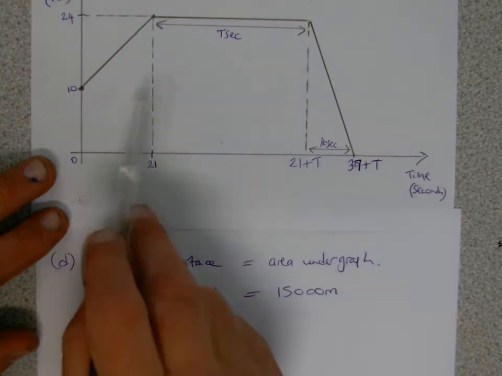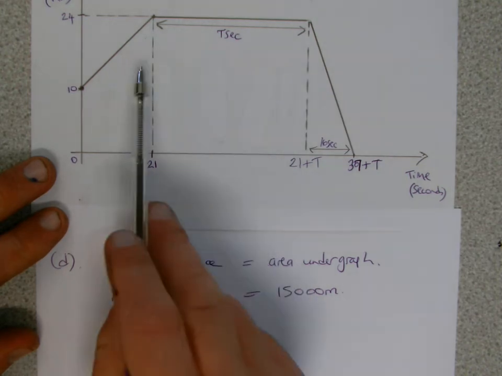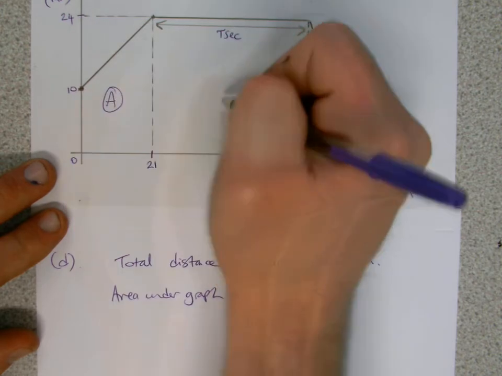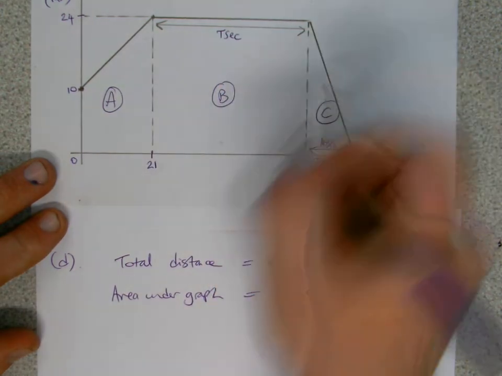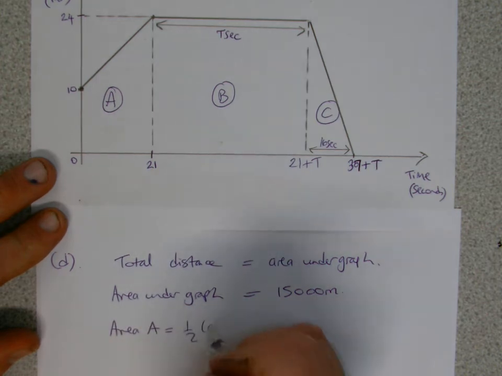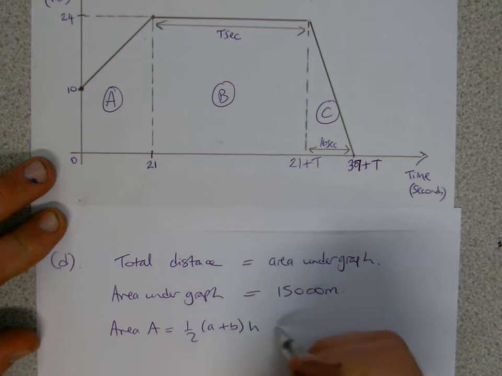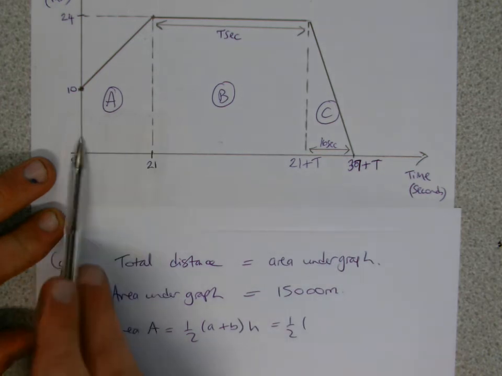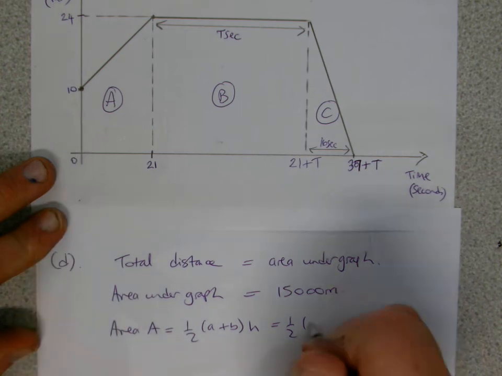So I just need to work out the area of this here, and we need to split it up. Perhaps split it up into 3 shapes here. Call this shape A, shape B, shape C. Shape A is a trapezium, so we'll work out the area of A. Trapezium, half A plus B times H. You can see the trapezium, these two sides are parallel, so that's your A there, that's 10.